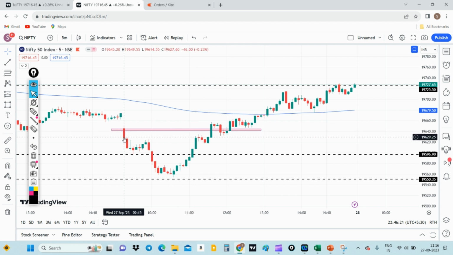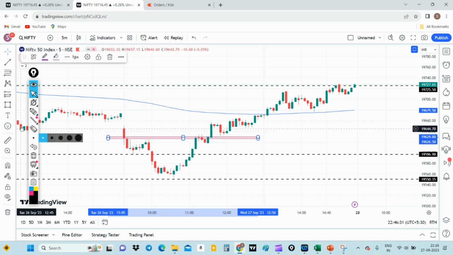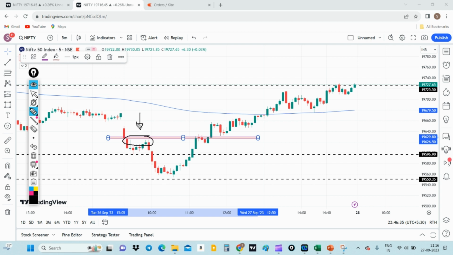The day high was around 19650, and the price was able to go till around 19630. I made an exit assuming that we would face resistance at this point, because in the early morning we had a rejection and a consolidation pattern had happened over here. So once I hit the target over here, I thought of exiting.